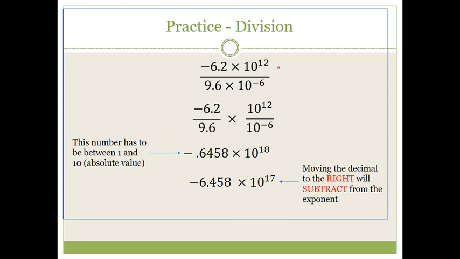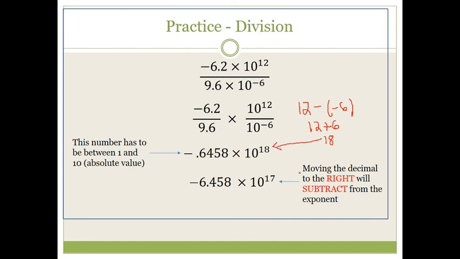I wanted to have a problem like this, where we had a positive exponent on top and a negative on the bottom, to show you that when I subtract those, I am doing 12 minus a -6. Remember, when we have the opposite of a negative, or a minus a negative, it becomes a plus. So this is the same as saying 12 plus 6, which is a positive 18. That's how I get positive 18 right there.